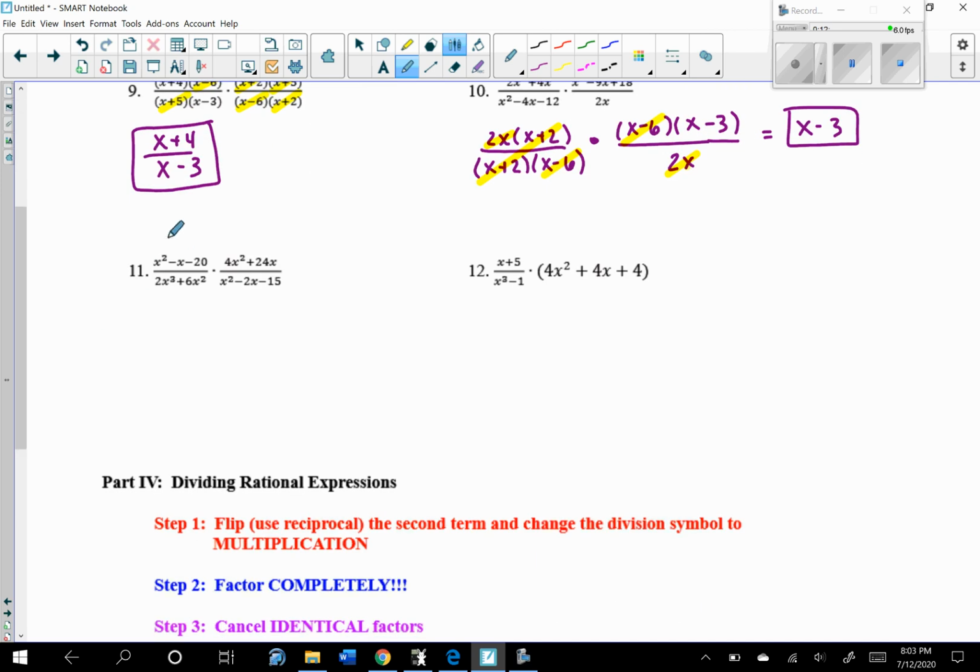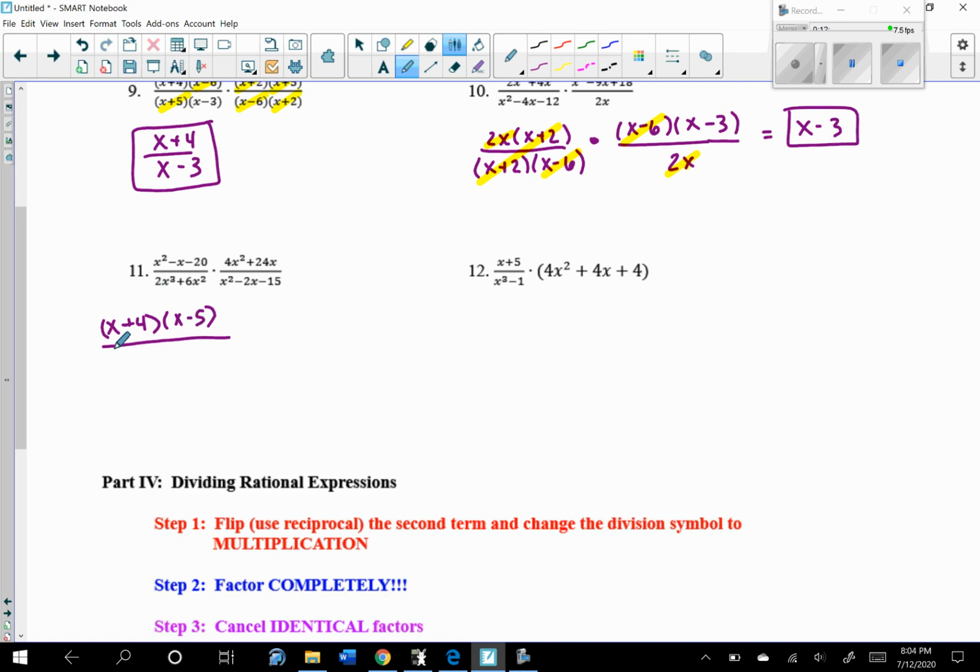Same thing, first thing we want to do is go ahead and factor. So if I factor this, we have 3 terms, no greatest common factor, factors of negative 20 that add up to x. So x plus 4 times x minus 5.